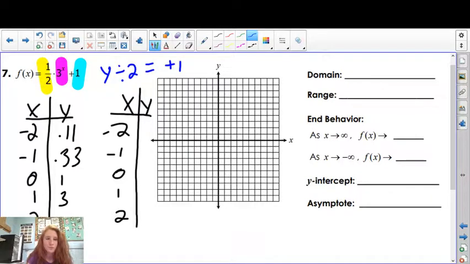So I have 0.11 divided by 2 plus 1, which is 1.06.